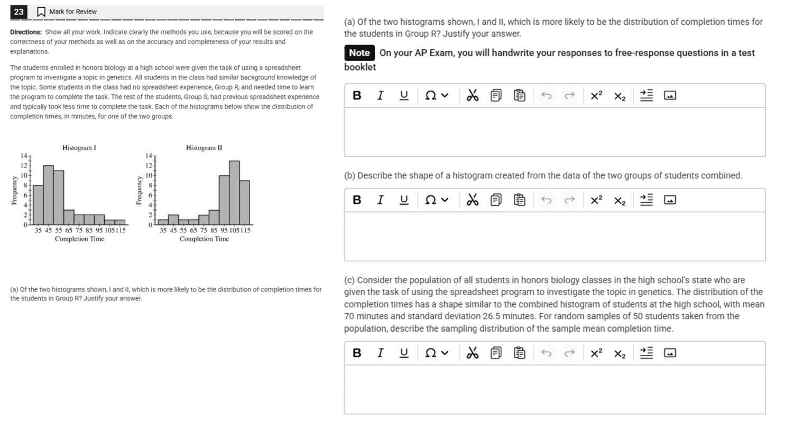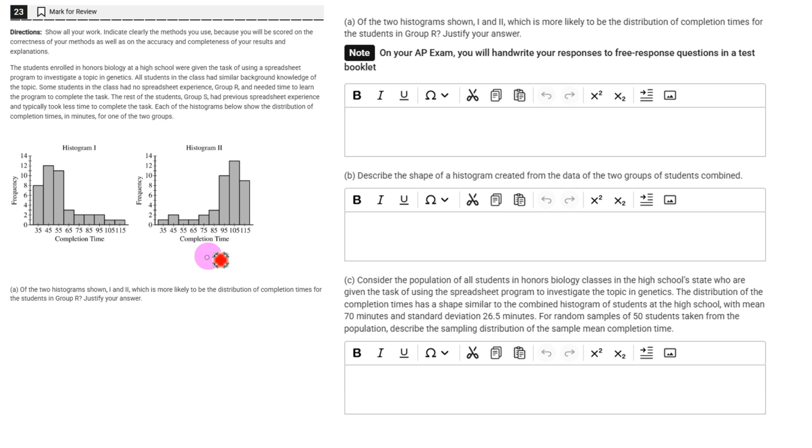The rest of the students, group S, had previous spreadsheet experience and typically took less time to complete the task. Each of the histograms below shows the distribution of completion time in minutes for the two groups. Of the two histograms, 1 and 2, which is more likely to be the distribution of completion time for group R? Justify your answer.